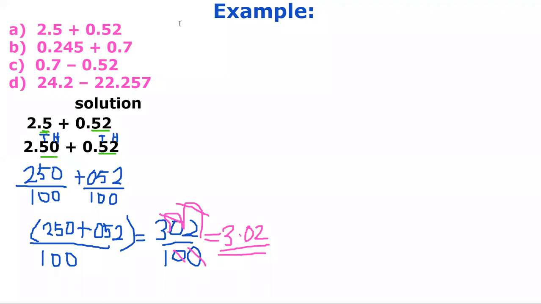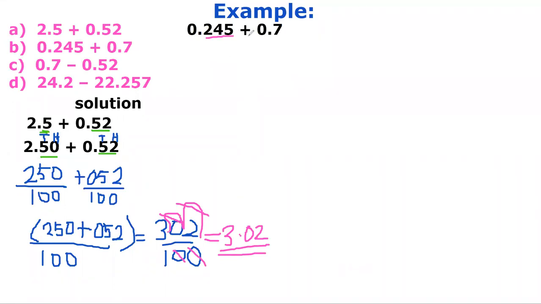The next one, we have 0.245 plus 0.7. Okay, so before you can solve this one, as usual, you need to balance.